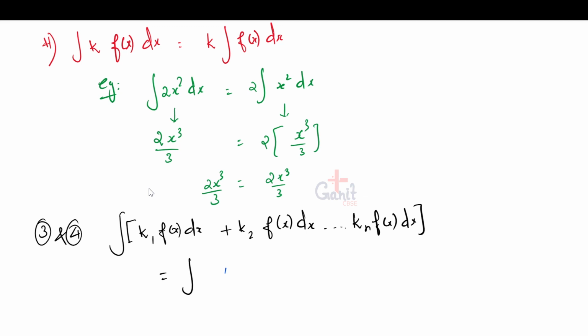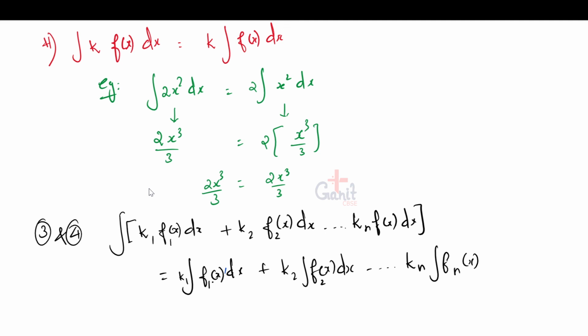So I can integrate separately, I'll end up with the same answer. k1 f1 of x, k2 f2 of x, up to kn fn of x, this is the nth function. So I'll get the same answer.